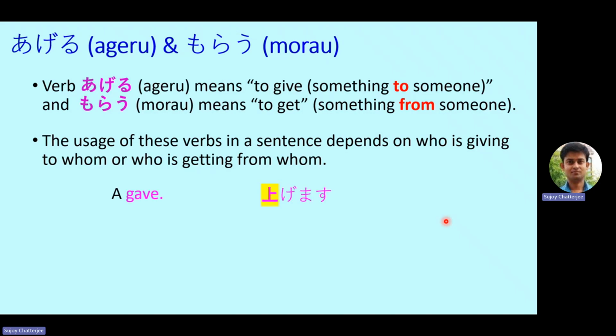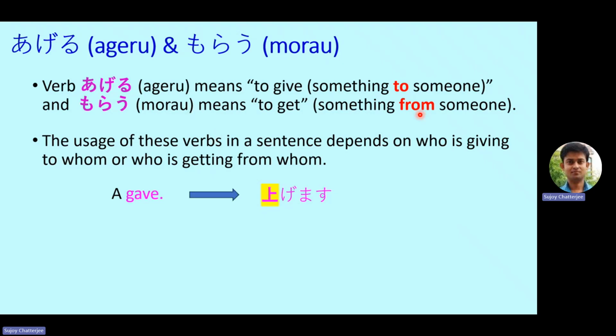So if A gave, then we will use agemashita. Although I have written agemasu, since this is past tense, it is agemashita. Now this kanji character, you might recall we have done in one of our kanji lessons, and it means above. This is the ground level and this indicates something above. You might be wondering how this symbol now means to give something to someone.